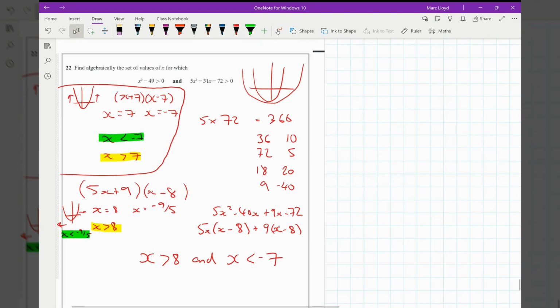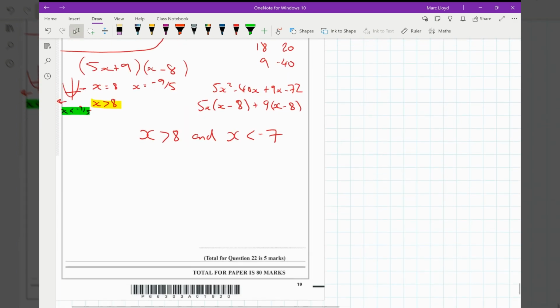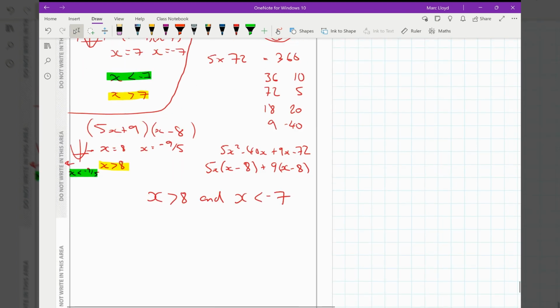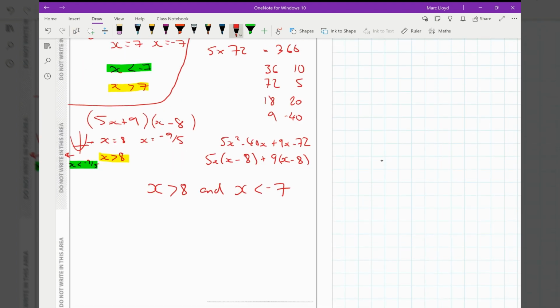Of course, in order to do this, you can also draw it on a number line and see where the lines double up. We'd have a really, really long number line. Minus 7 here, minus 8 there. Minus 7 goes that way, and then somewhere over here, minus 9 and a fifth.